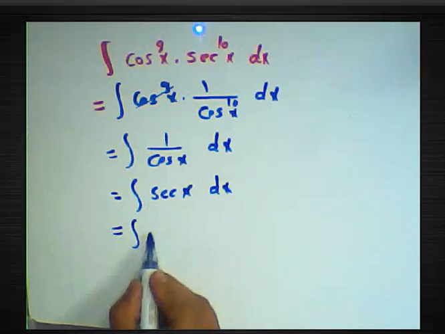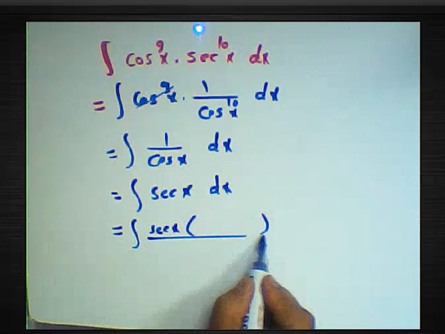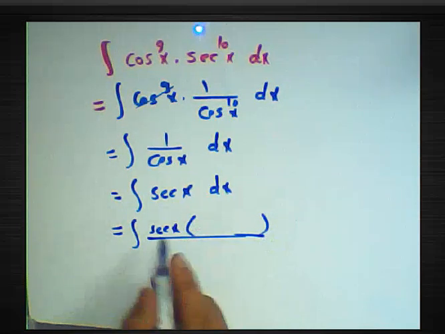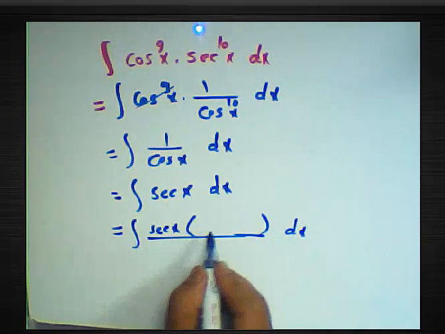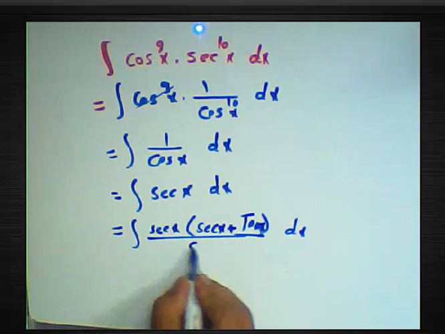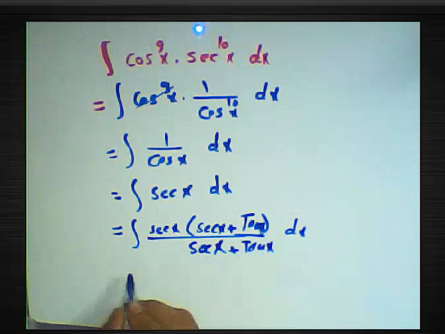Can you tell me the operation here? If we have sec, we must multiply the numerator and denominator by an expression. The expression will be sec x plus tan of x, numerator and denominator. Why?